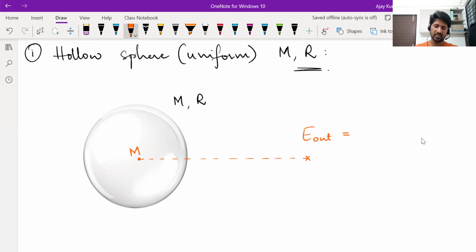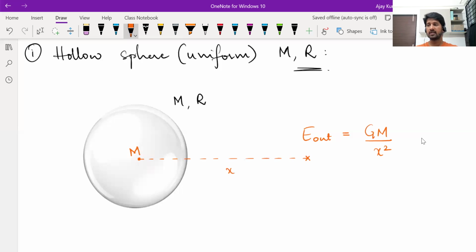So assume all the mass M is present at the center of the sphere and the distance is x to that point. x is the distance from where to where? From the center to the point where you want the field. So the field there will be the same as that of a point mass, which is GM by x squared.